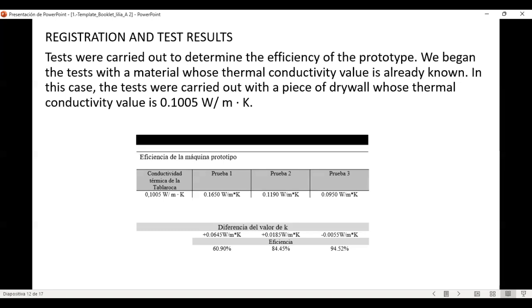The results are 1.1650 watts per meter per degree Kelvin, 0.1190 watts per meter per degree Kelvin, 0.0950 watts per meter per degree Kelvin, with an equipment efficiency of 61 to 94%, so the results validate the proposed method.